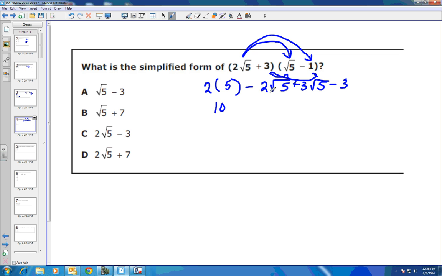And negative 2 square root of 5 plus 3 square root of 5, that's 1 square root of 5 minus 3. And then when I simplify my 10 and my negative 3, that's 7 plus the square root of 5. So which answer is that? It's B. Okay? Now that's the good math teacher.